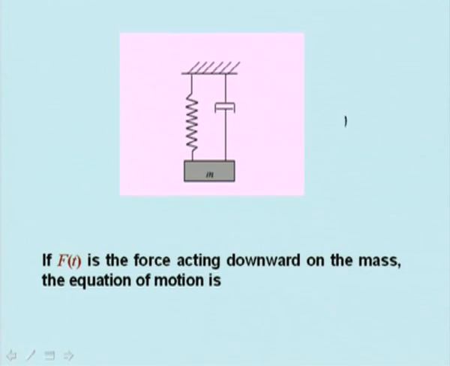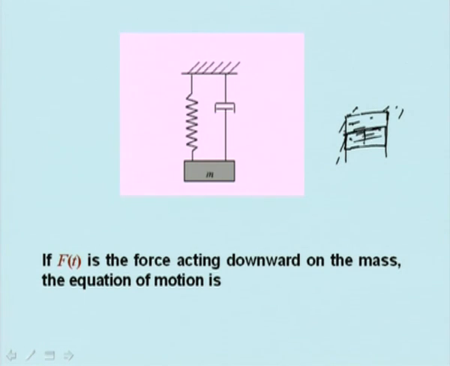Now a dashpot is something like this: suppose you take a cylinder which is filled with oil, and in this a piston is moving.